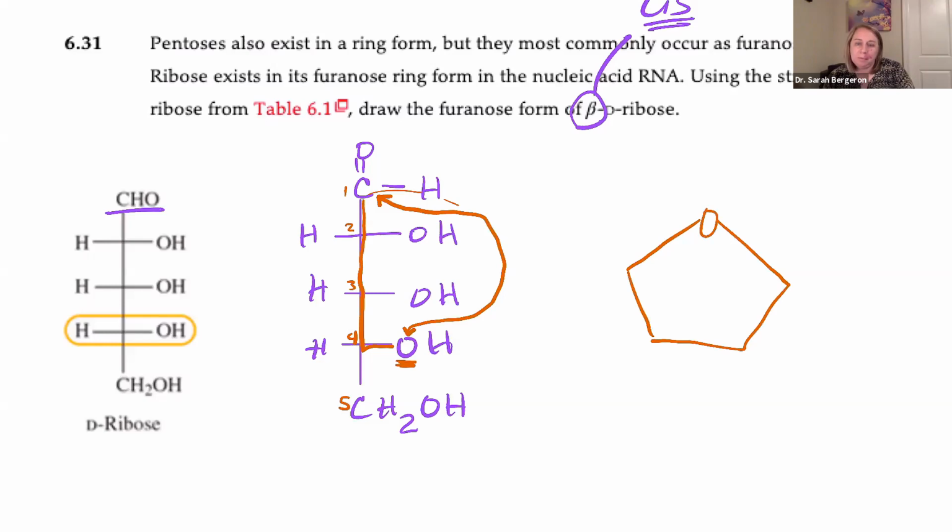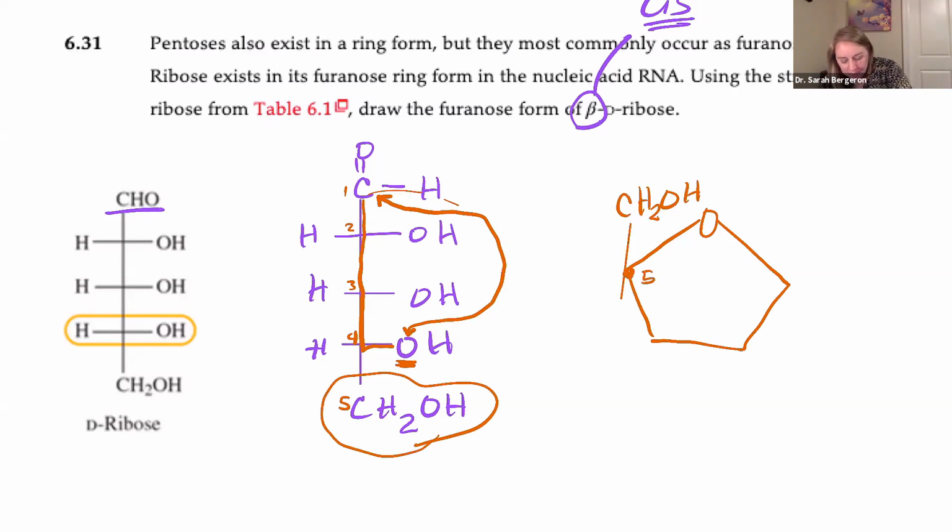Now I want the beta form, the beta cis form. So when I see my oxygen, I want to go over 1, and I want to put my group down here at the bottom. I'm going to put a little stick on that one, and I'm going to call this CH2OH, because this is actually carbon 5.